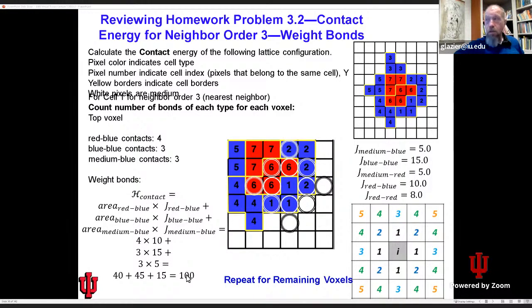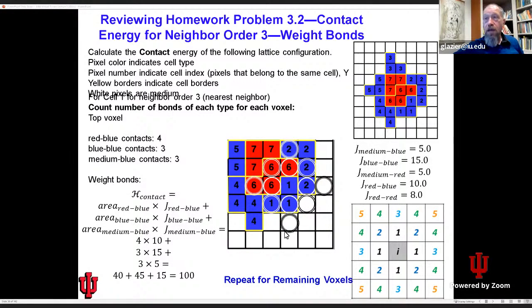And does somebody remember what it was for the whole cell with nearest neighbor? I should probably. Sorry? 75. 75. So this one voxel is contributing more at third neighbor than that whole cell did at nearest neighbor.